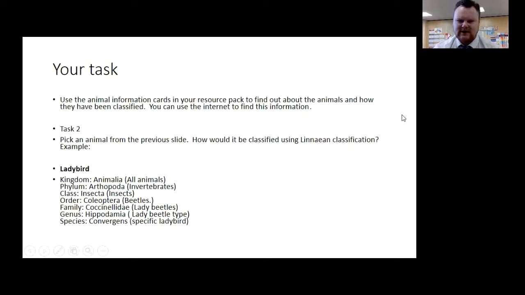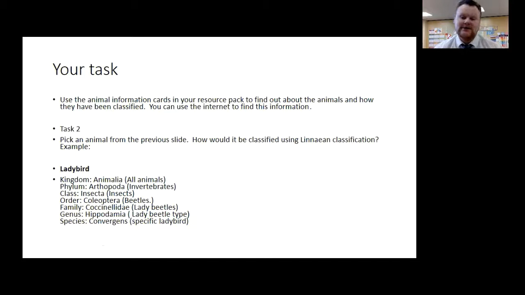Okay, here's your task then, please. In your resource pack, you have this sheet, and it's got 4 different creatures on it. I would like you to use the internet to find out what the species name is, what the genus is, how many legs it's got, and whether it has an exoskeleton.